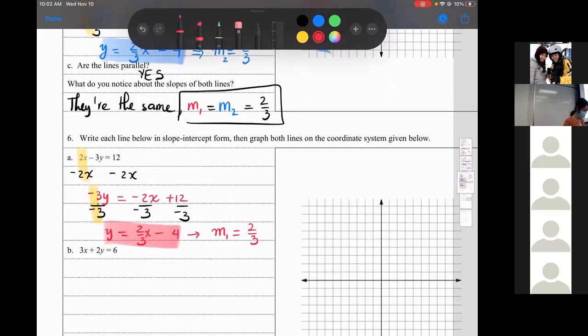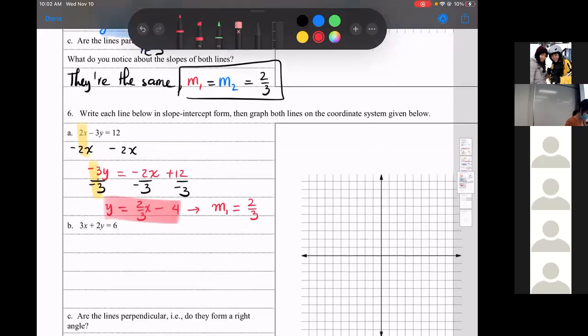Let's graph it right away so you're not confused. So (0, -4) is the y-intercept right here. From there you go up 2 units, go over 3.